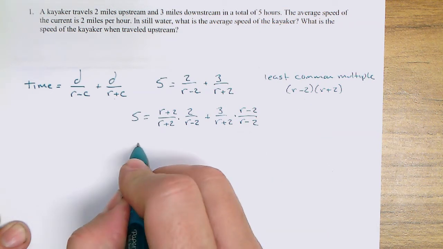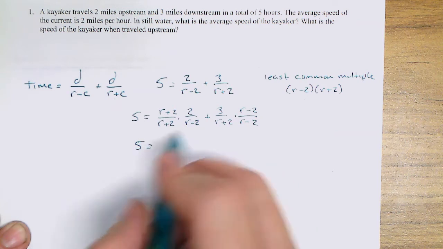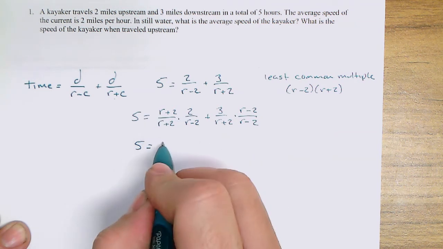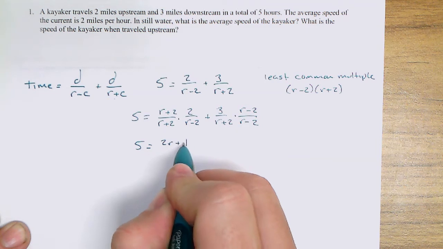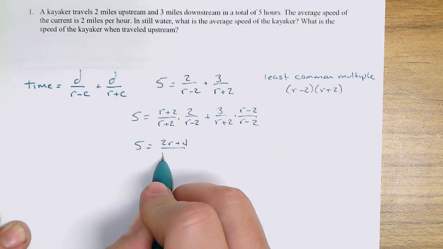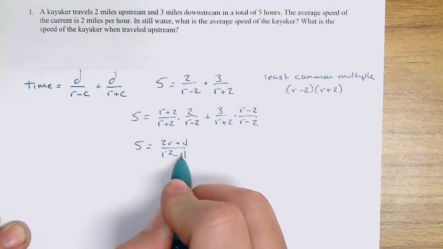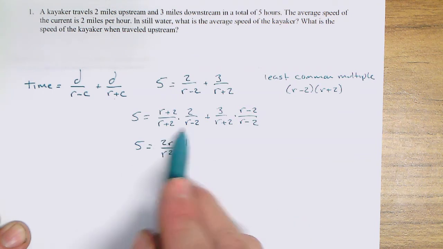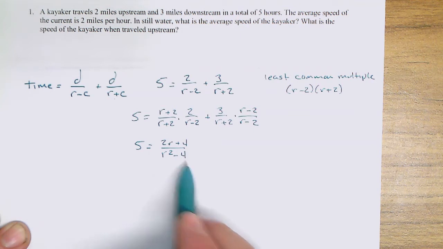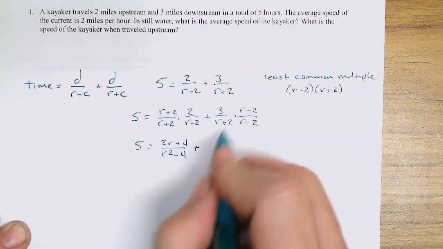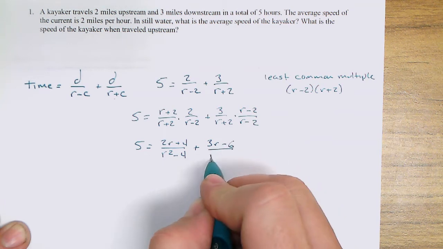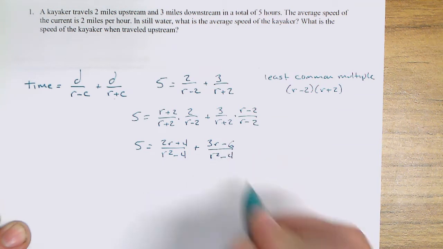So then we simplify these, and remember to distribute the 2 to both terms. 2r plus 4 over r squared minus 4, since r plus 2 times r minus 2 is simply r squared minus 4, plus 3r minus 6 over r squared minus 4.